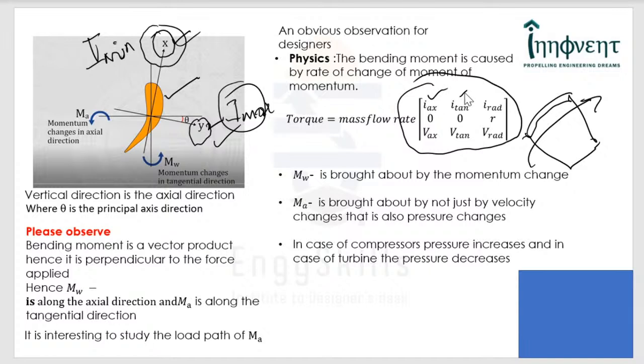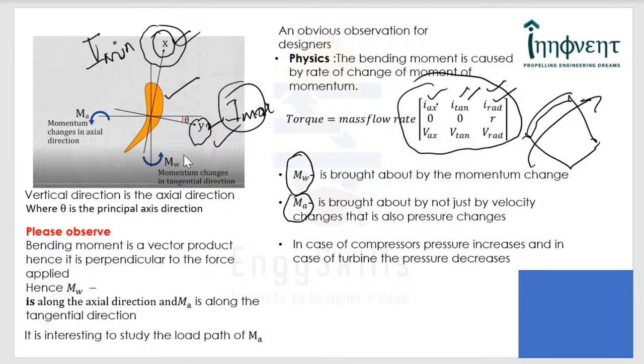These are the three unit directions: axial, which coincides with the engine axis; tangential, perpendicular to the blade; and of course the radial direction along the blade length. Once we compute this rate of change of angular momentum, we get the torque, by Newton's second law. And here there are two torques that are generated.